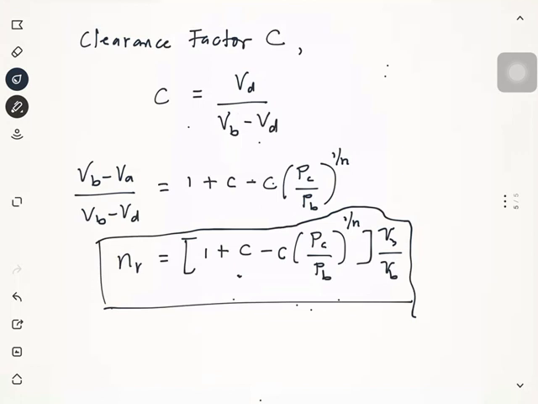So it also follows from the basic definition of volumetric efficiency that the volumetric efficiency is M times V3 over the piston displacement, where M is the pounds per minute pumped by the compressor and PD is in cubic feet per minute. Okay.